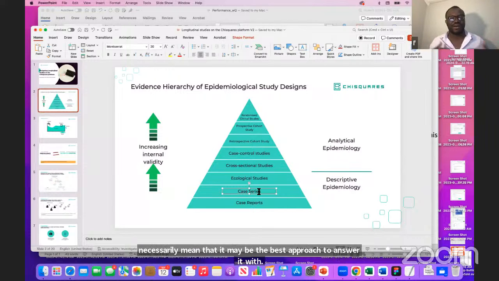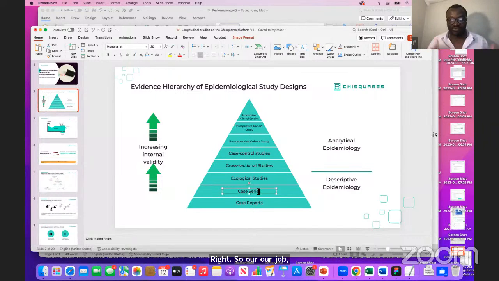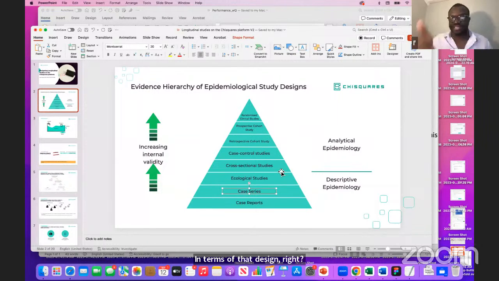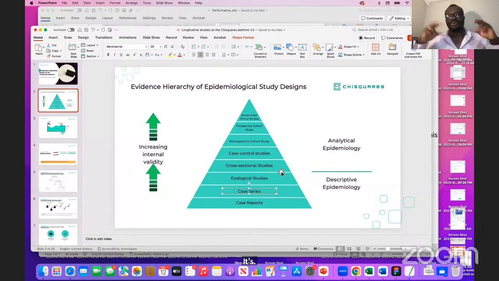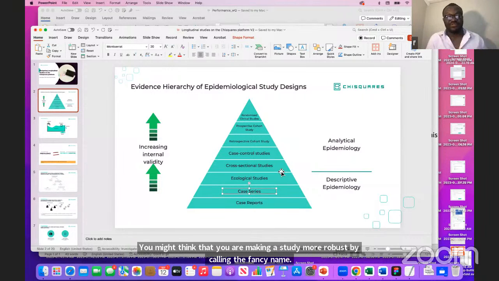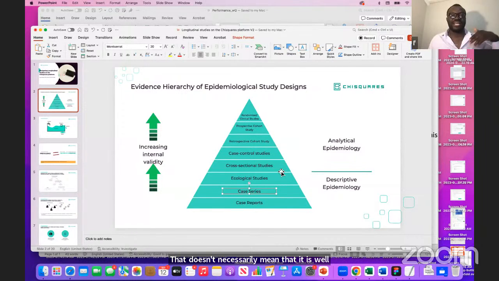So our job as researchers is to figure out what makes the most sense in terms of that design. In the case of your data set, another principle to keep in mind is that you might think you are making your study more robust by calling it a fancy name. That doesn't necessarily mean it is well defended against threats to validity, because there are so many assumptions.